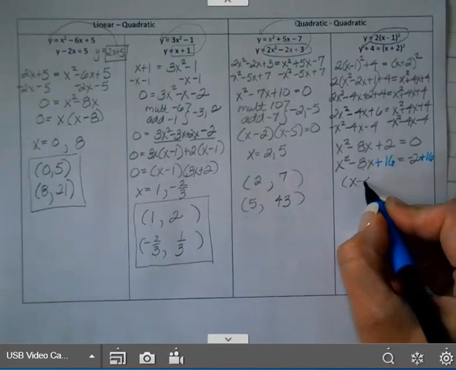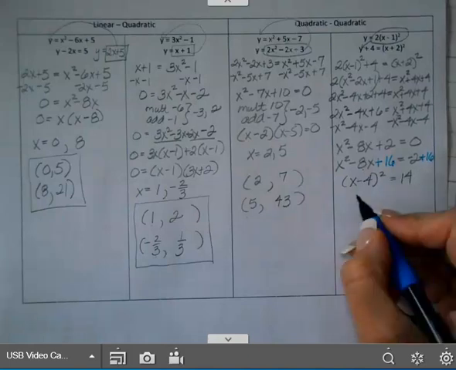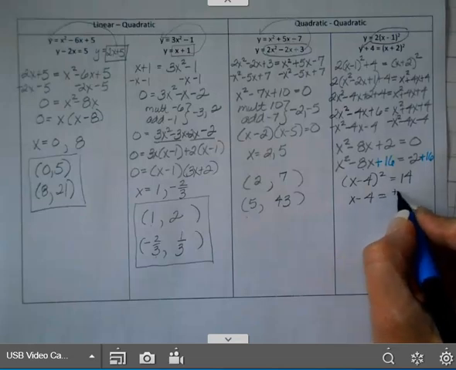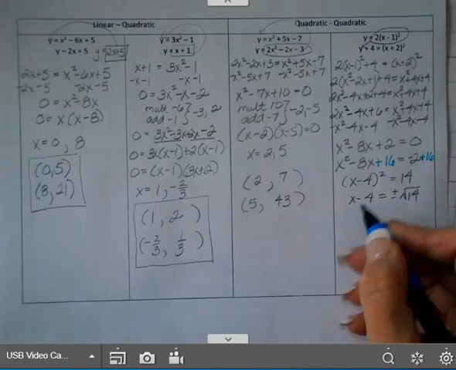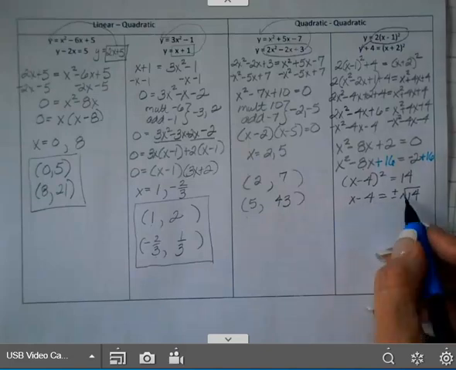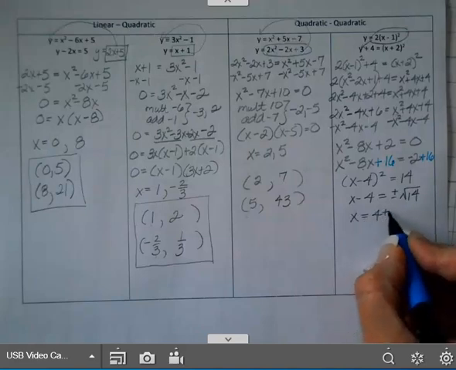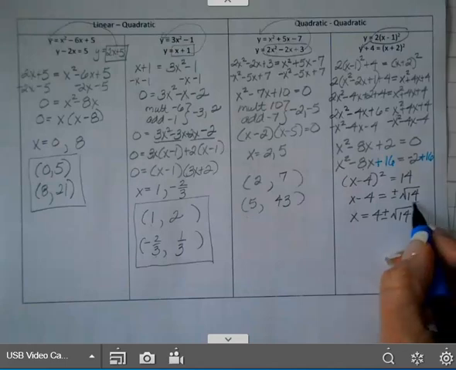So x minus 4 squared is equal to 14. Then I'm going to take the square root of both sides. And then I'm going to go ahead and add 4. This is the exact answer.